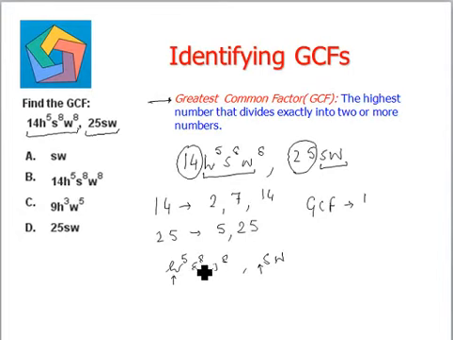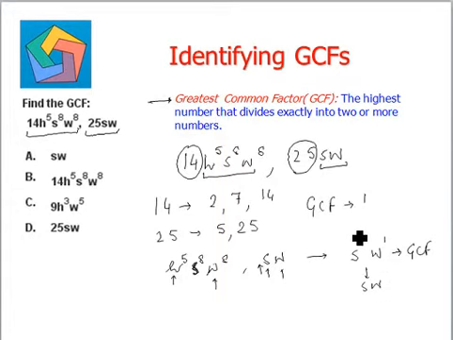S to the power of 8, and here the power of s is 1, so the lowest power of s is s to the power of 1. W^8 and w to the power of 1. Again, the lowest power of w is w to the power of 1. So this is the GCF of the variable part. This can also be written as s times w.